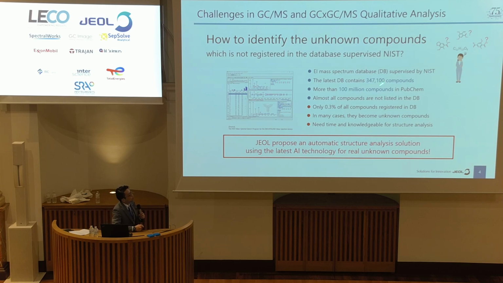Almost all compounds are not listed in the commercially available databases, only 0.3% of all compounds are registered. So in many cases, they become unknown compounds. And right now, JEOL proposes an automatic structure analysis solution using the latest AI technology for real unknown compounds.